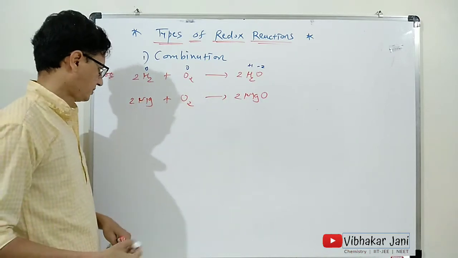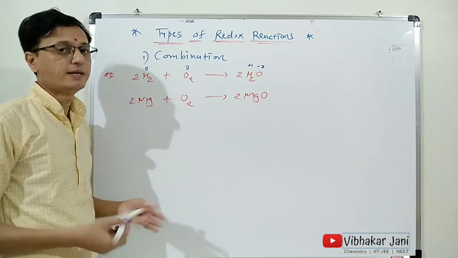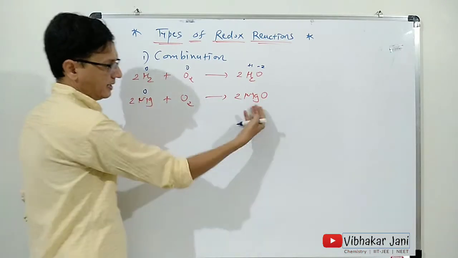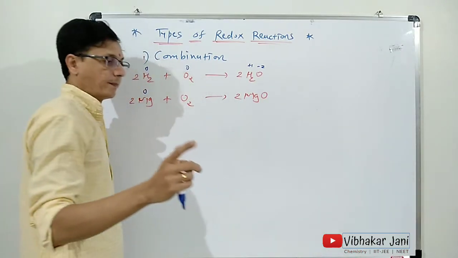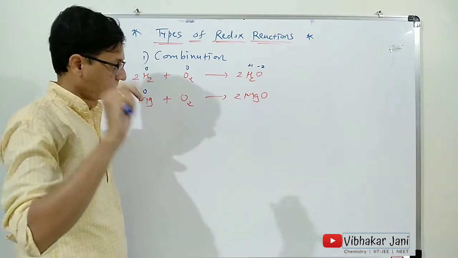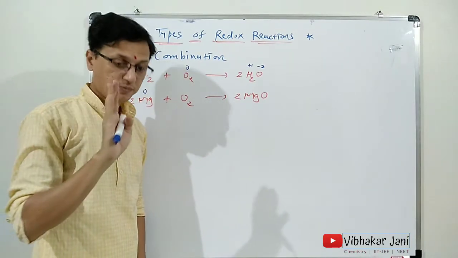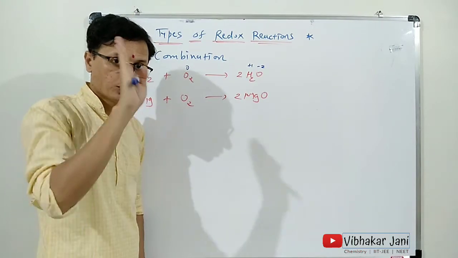Now, separately, an element has oxidation number 0. But in a compound, as I told you in our previous lectures, magnesium is an alkaline earth metal, that means a metal of group 2 in the periodic table.